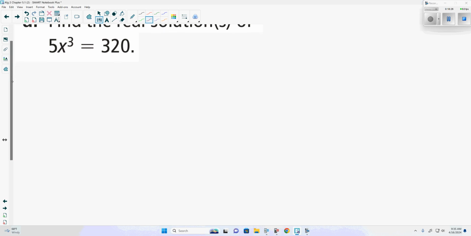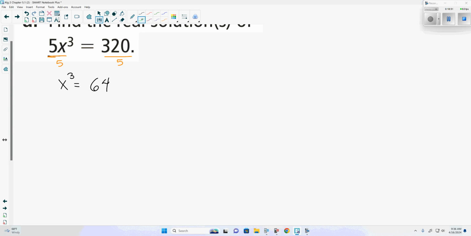5x to the third equals 320. Is the term with the power by itself? No, so what do we need to do to get it by itself? Divide both sides by 5. So it's telling us x to the third is equal to 64.